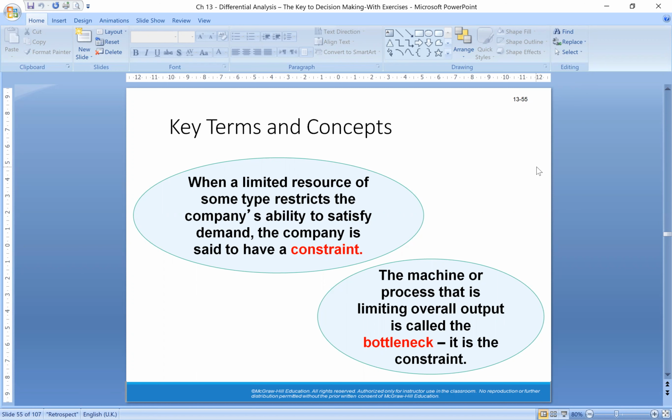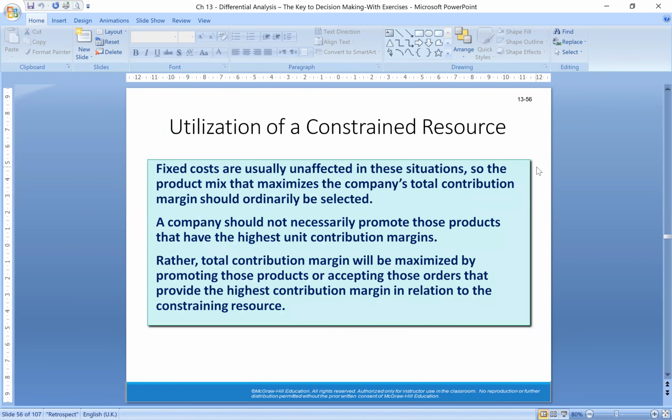It is a constraint. Utilizing the constraint resource: fixed costs are usually unaffected in these situations. So the product mix that maximizes the company's total contribution margin should ordinarily be selected.